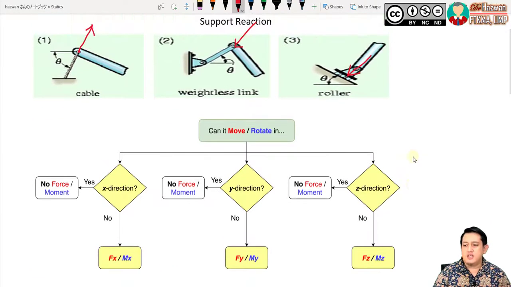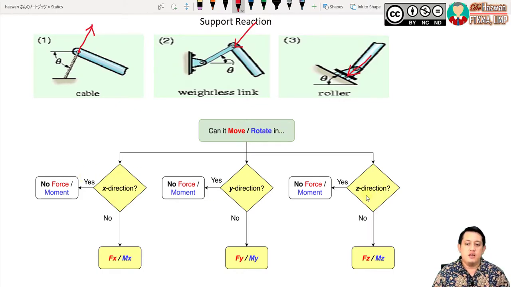To make it easy, I summarized it into this flowchart. Can you see the flowchart? When you want to determine whether the reaction force and also the reaction moment will be created or not, you need to consider this. Ask yourself, can it move or rotate in this specific direction?